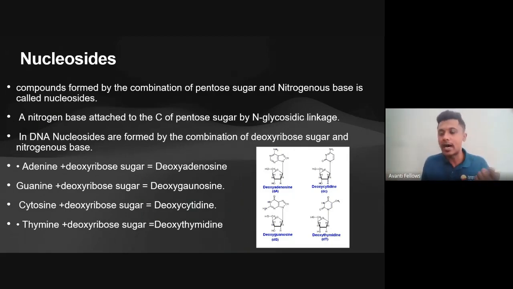So to the first carbon atom, our nitrogenous base attaches to the deoxyribose sugar, and that will make the structures: deoxyadenosine, deoxyguanosine, deoxycytidine, and deoxythymidine. So these are the structures, right? That is a nucleoside.